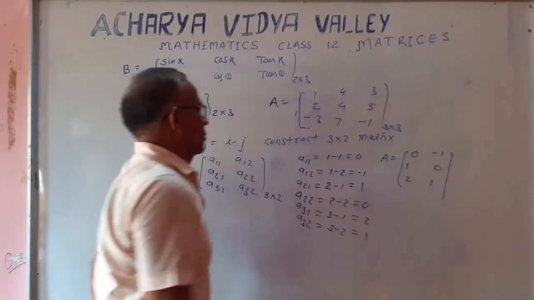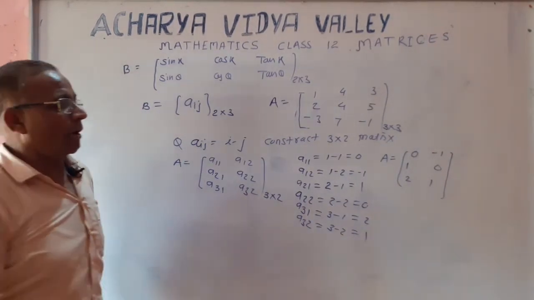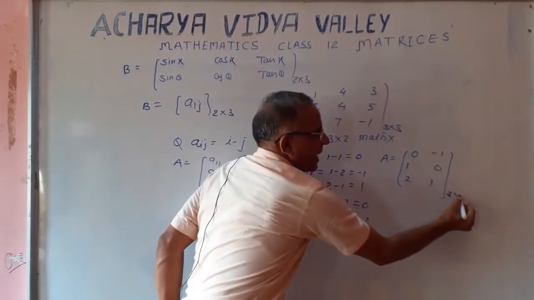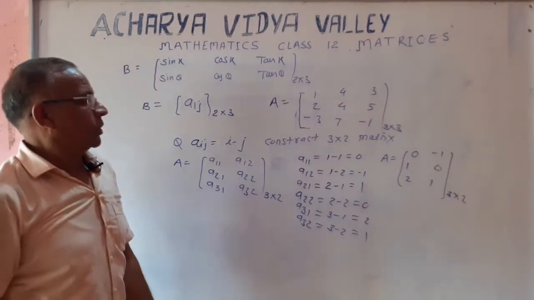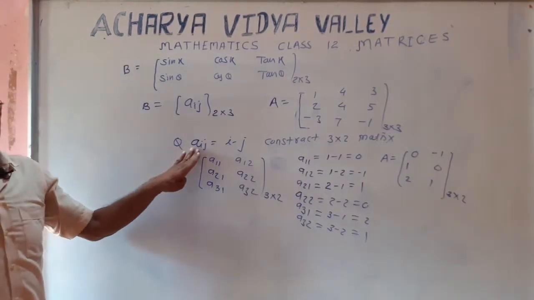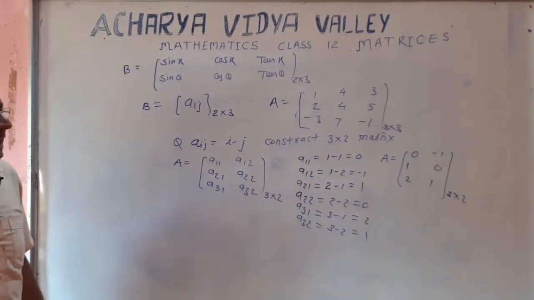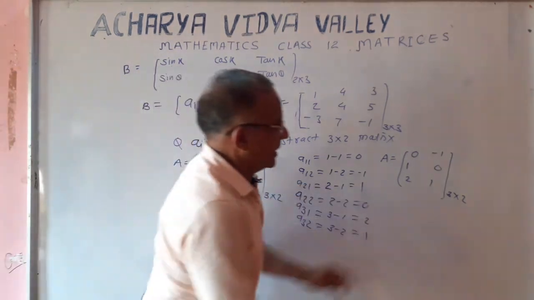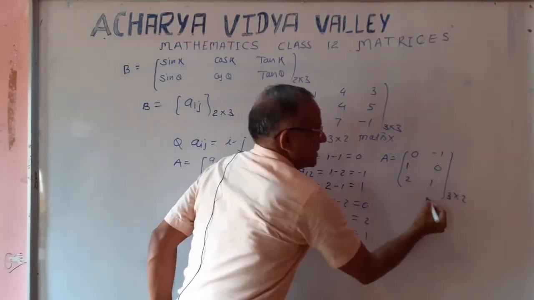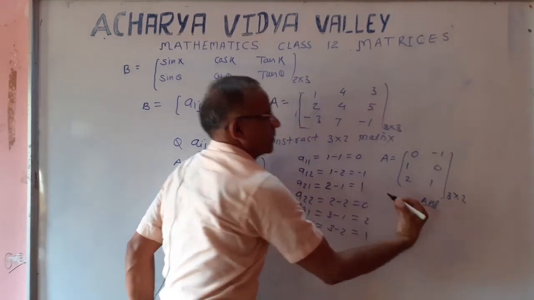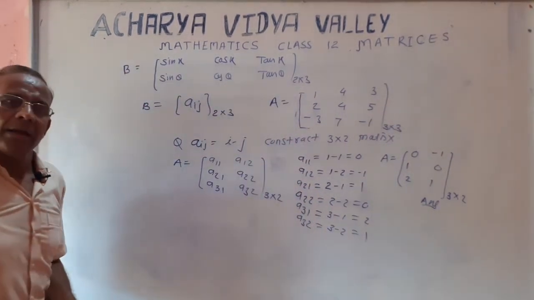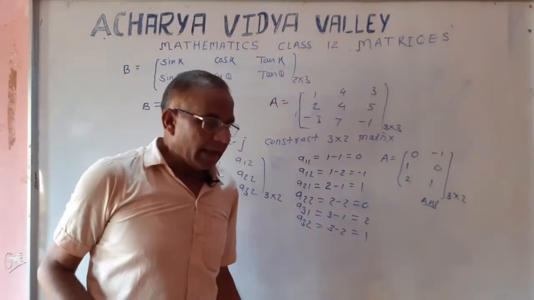So the matrix of order 3 by 2, using the general formula Aij equal to i minus j, will be this answer. Clear?